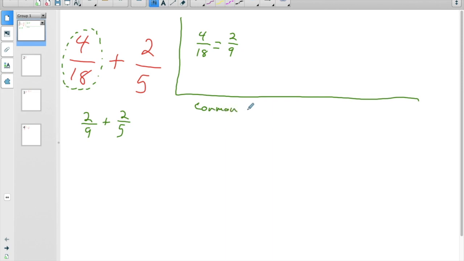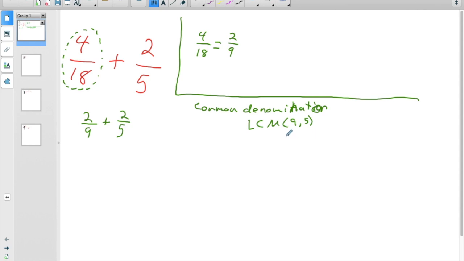And our common denominator is always going to be the least common multiple of the denominators that we have. In this case, 9 and 5.